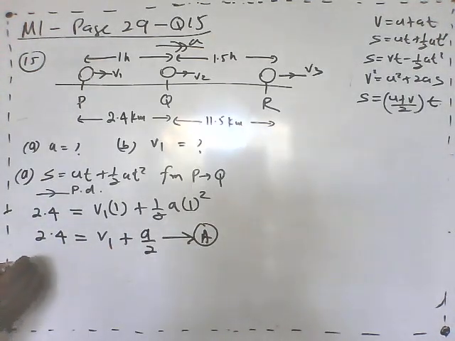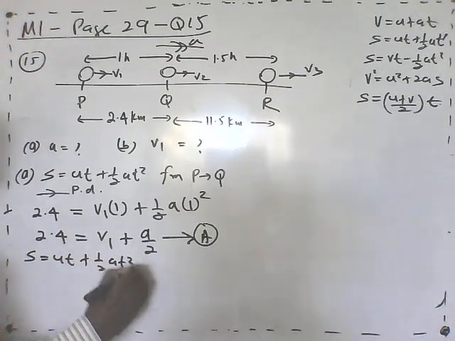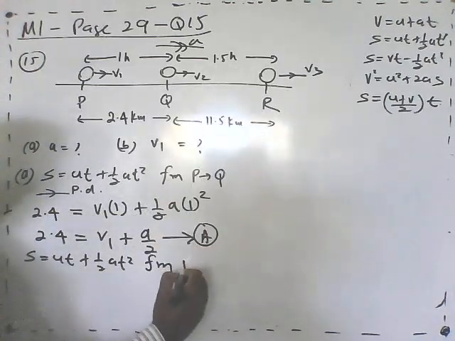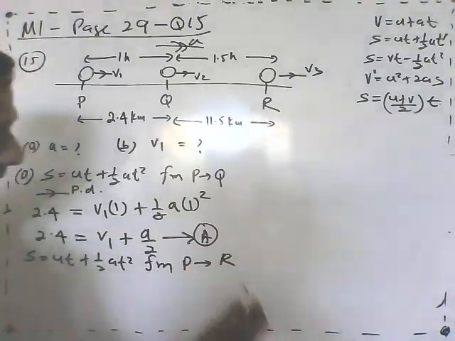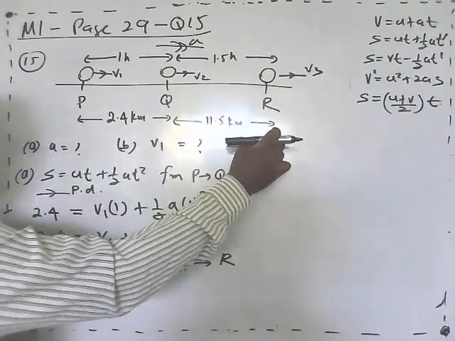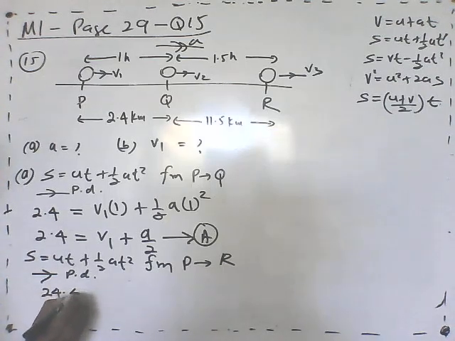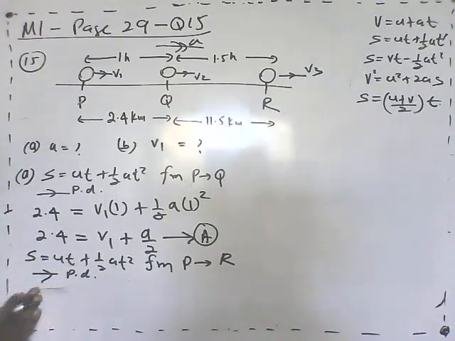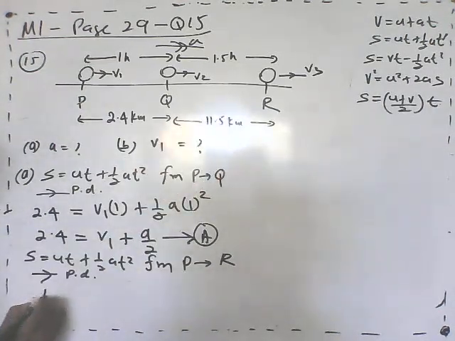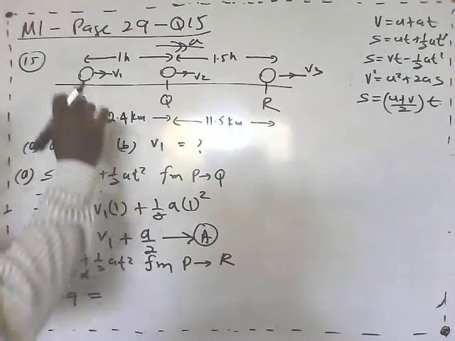Now again we will apply S equal ut plus half at square from P to R, and positive direction we will consider again right side. Then P to R, the total distance will be 2.4 plus 11.5, which is 13.9, is equal to again initial velocity.